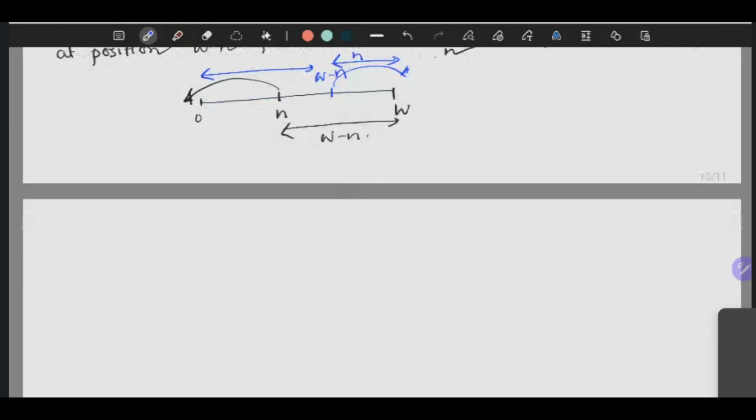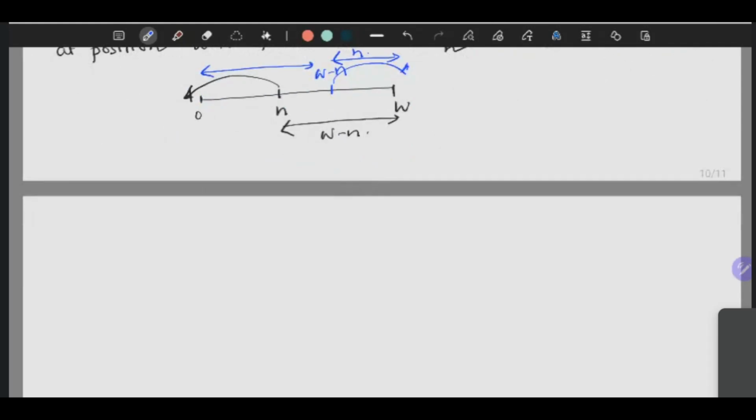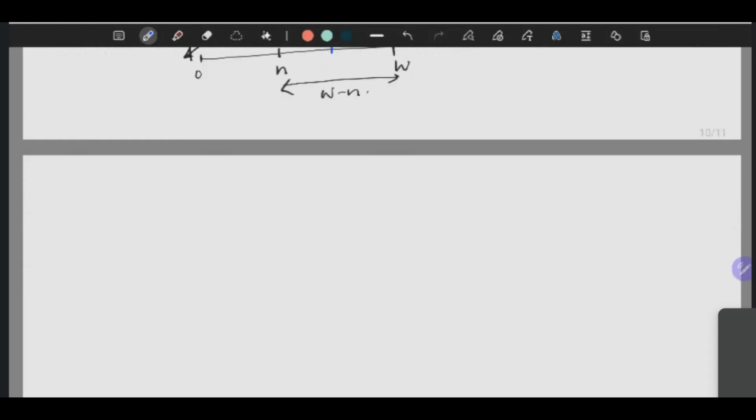Now this is the bad news, right? Then the total probability of falling off either side is equal to 1. So this is extremely bad. Why?